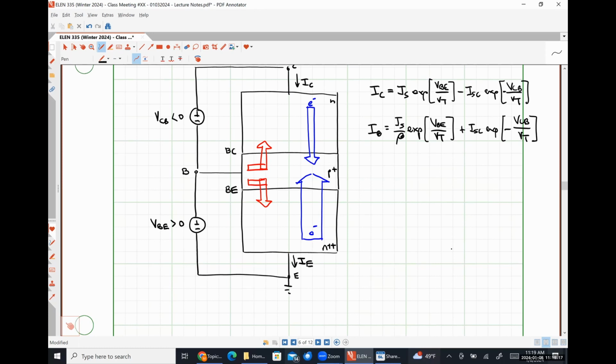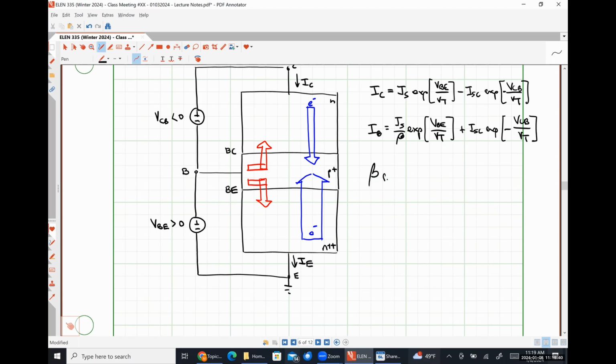For a saturated transistor, our quantity beta is actually going to be lower than what we would see in a forward active transistor. So we'll now have a parameter.